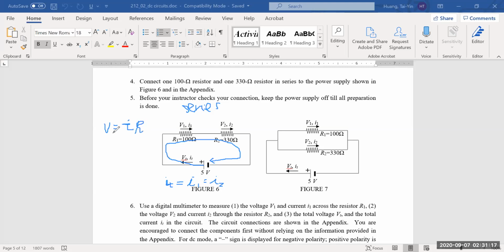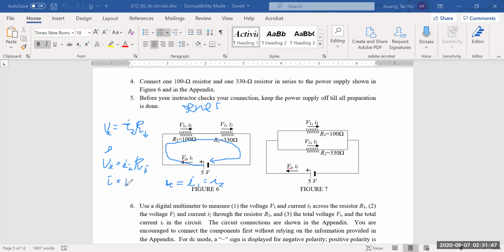And whenever you have a subscript, you have to be consistent. So your V total is equal to I total times R total. And then your Vi, where i is a dummy variable, is equal to Ii, the current, times Ri, where i is either 1 or 2.